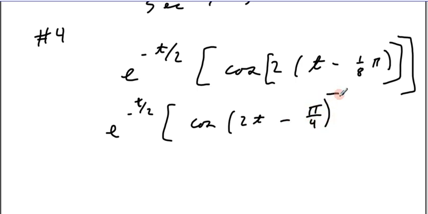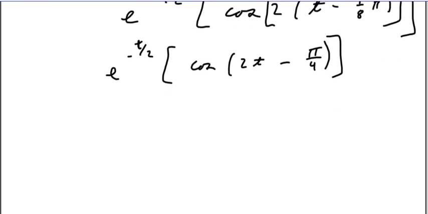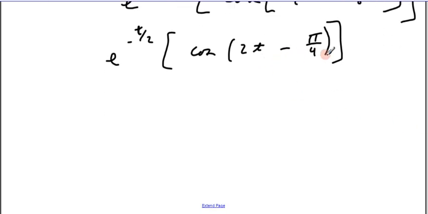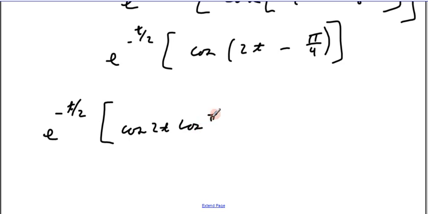Then we're going to reach back into our trig days and say the cosine of a minus b is cosine cosine plus sine sine. So this is going to be e to the minus t over 2, cosine 2t cosine pi over 4, plus sine 2t sine pi over 4.